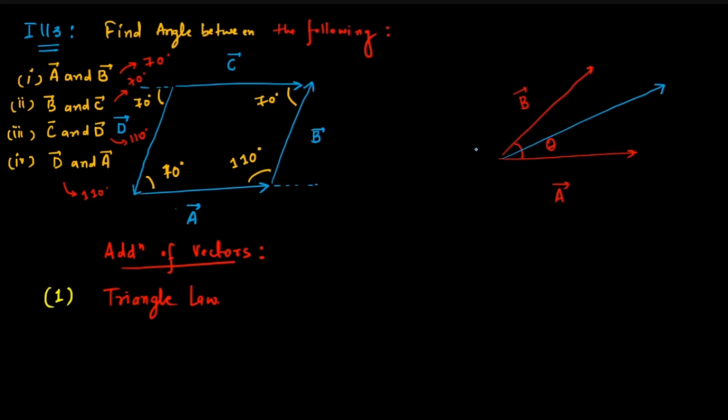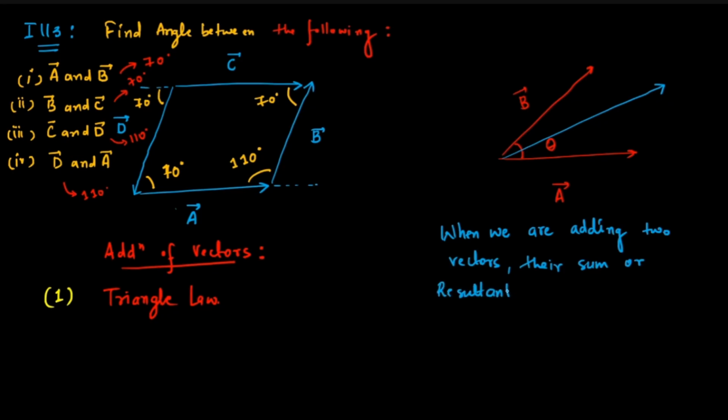The triangle law, or any other law, says that when we are adding two vectors, their sum, which we also call the resultant, or sometimes the net vector, lies in between the given vectors. That is important.